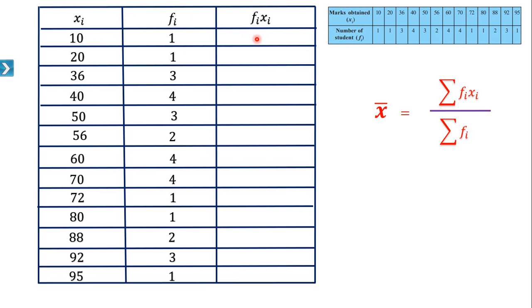Here 10 into 1 is 10, 20 into 1 is 20, 36 into 3 is 108, 40 into 4 is 160, 50 into 3 is 150, 56 into 2 is 112, 60 into 4 is 240, 70 into 4 is 280, 72 into 1 is 72, 80 into 1 is 80, 88 into 2 is 176, 92 into 3 is 276, 95 into 1 is 95.